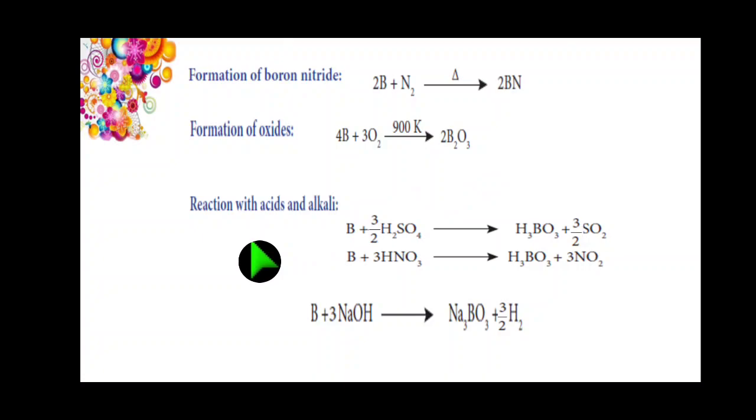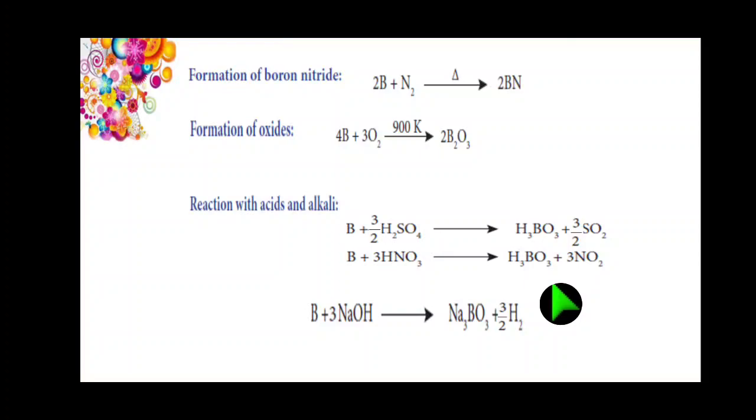Haloacids like hydrochloric acid have no reaction with the boron. So except haloacids, sulfuric acid and nitric acid react with the boron. Boron reacts with oxidizing acids such as sulfuric acid and nitric acid and forms boric acid.